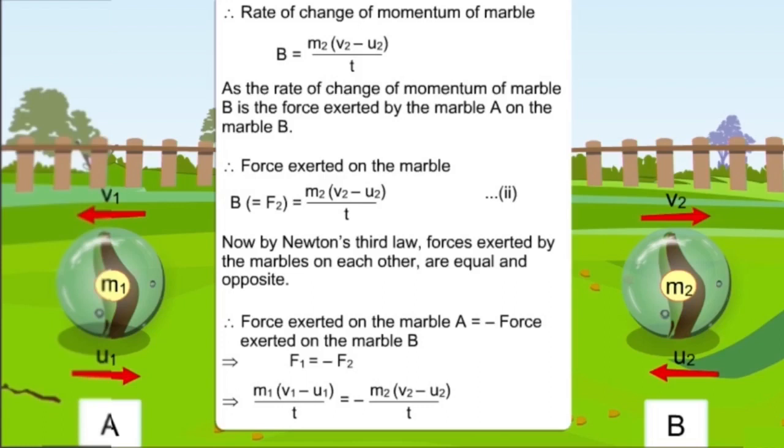So now we have got these two equations. We know that the time of collision was the same, so this t can be cancelled out in the equation.